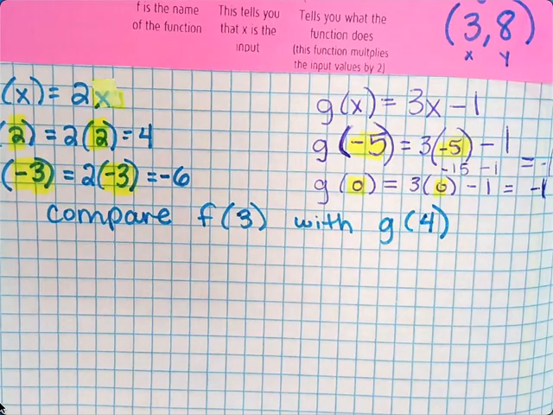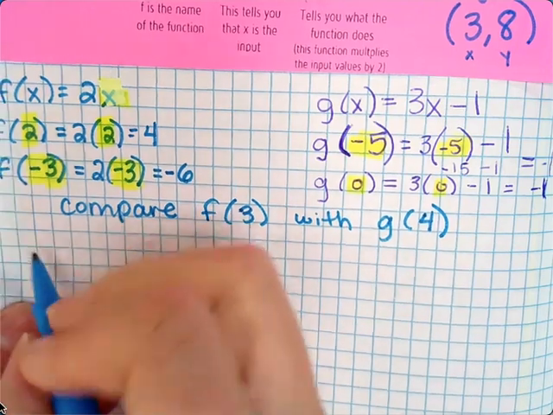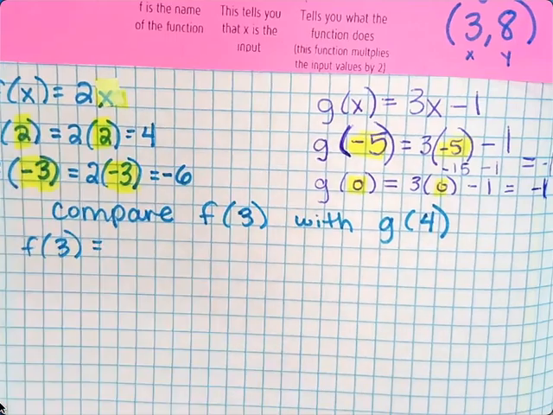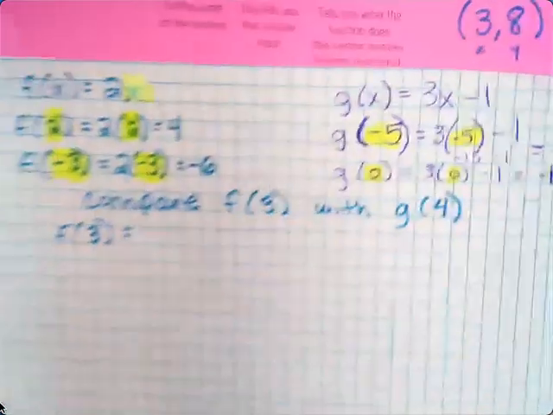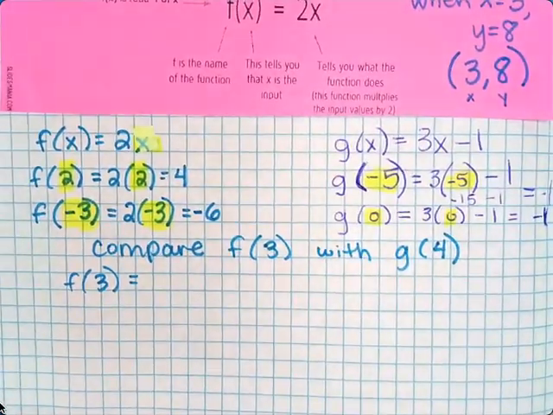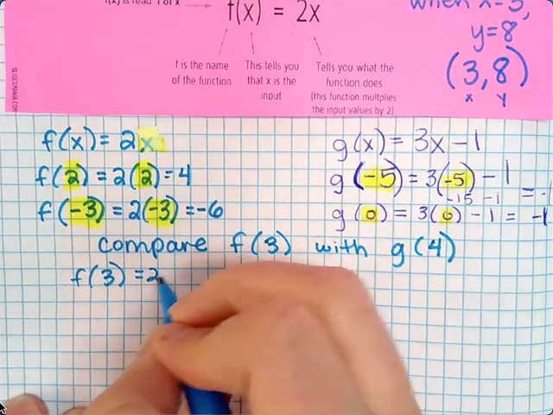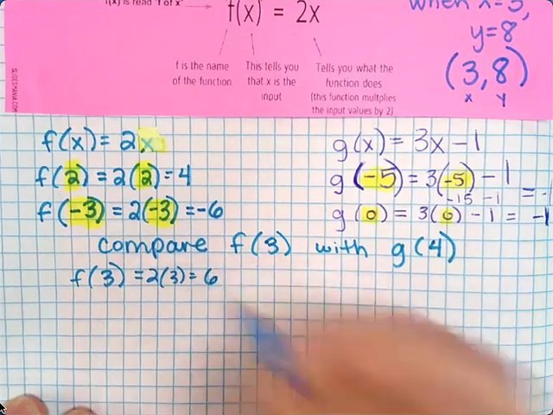Whenever I say compare, that means we're going to see which one's bigger, and then we write an inequality symbol between them. So let's do f of 3. What is f of 3 going to equal? 6, because it's just 2 times 3, which is 6.